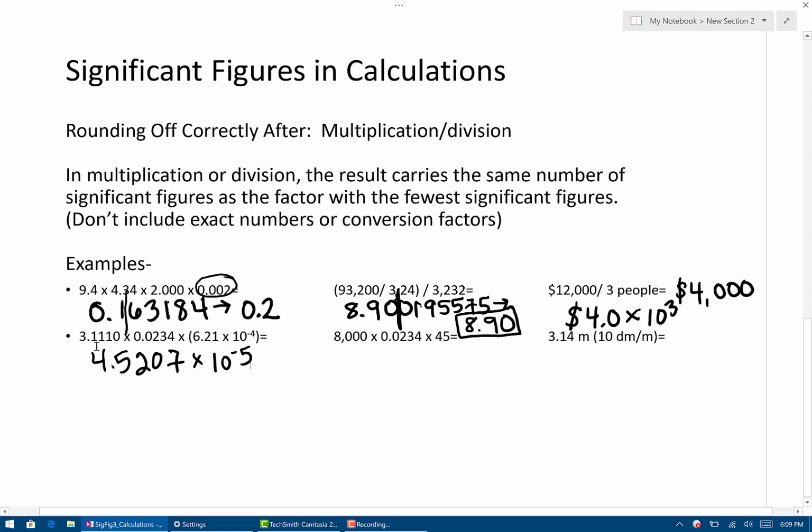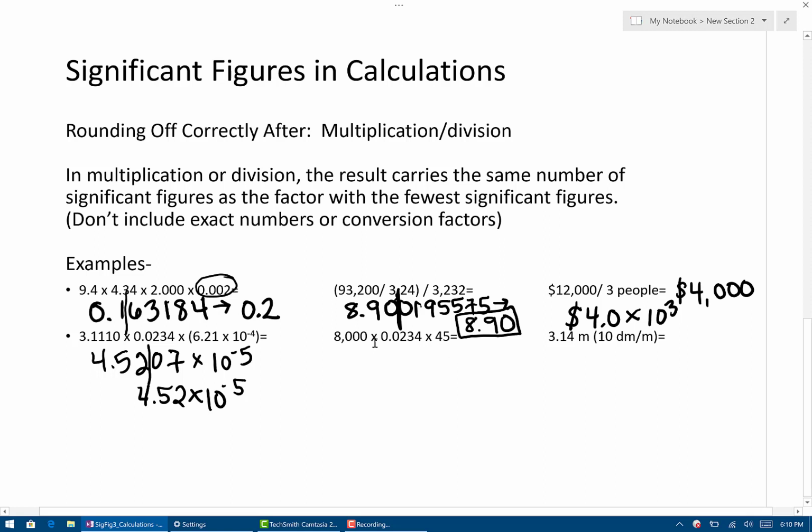So again, if we look at our numbers here, we have 5 significant figures in the first factor. We have 3 significant figures in the middle factor and 3 significant figures in this last one. So we can only have 3 significant figures in our answer. So 4.52, we'd have to cut off here. The number after our cutoff point is 0, less than 5. So then our answer becomes 4.52 times 10 to the negative fifth.